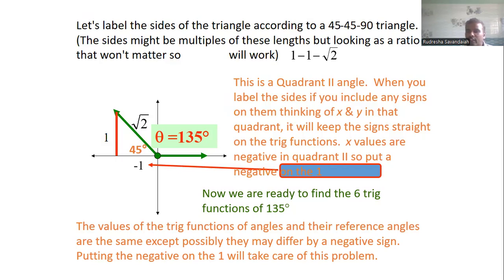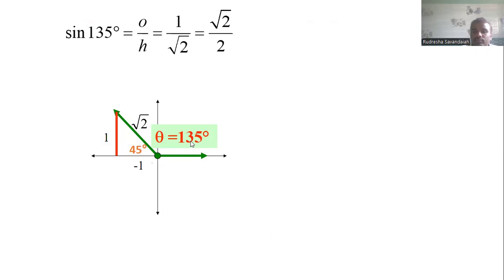X values are negative in quadrant two, so put a negative. The values of the trig functions of angles and their reference angles are the same, except they may differ by a negative sign. Putting the negative and the one will take care of the problem.